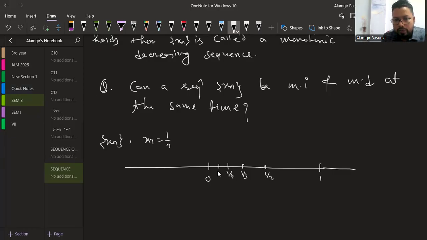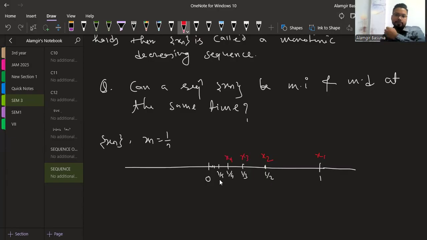Suppose this one is 1/5, 1/6, 1/7, and so on. Now I am just changing the color. This one is actually our first term, x_1 is 1. Then this one is x_2, our second term, x_3 the third term, and this is x_4.